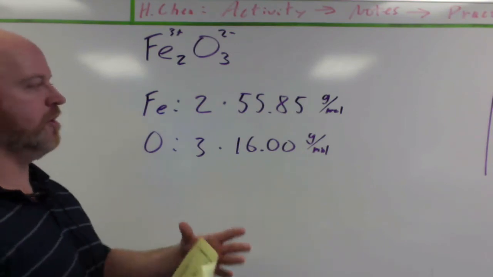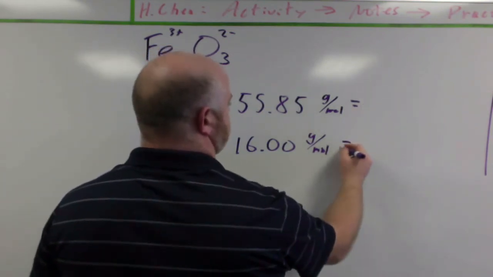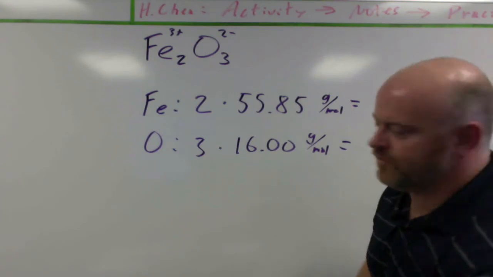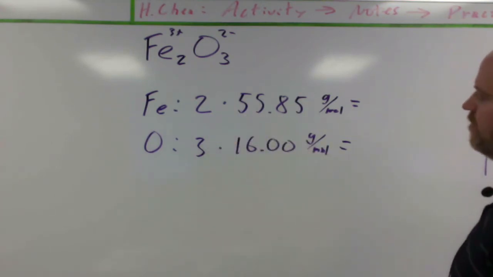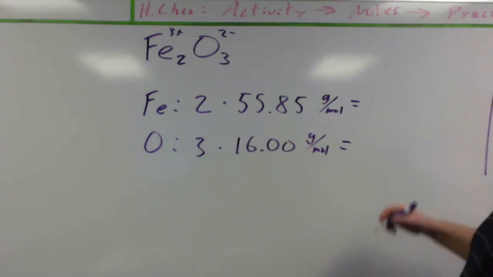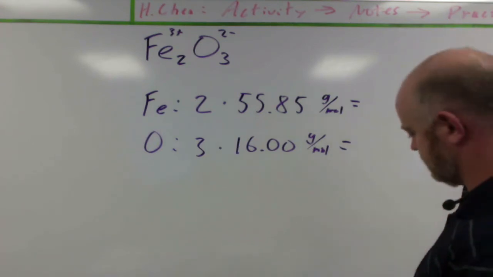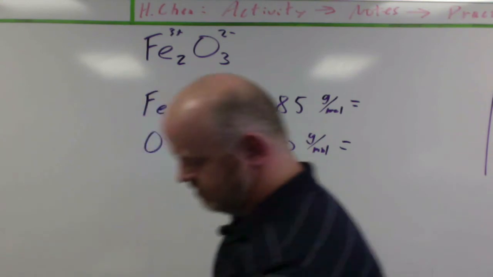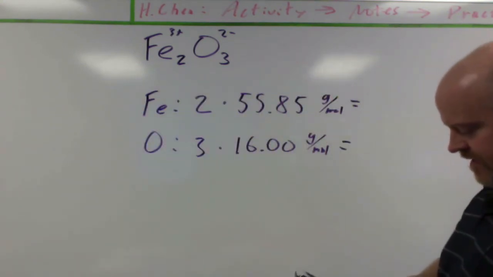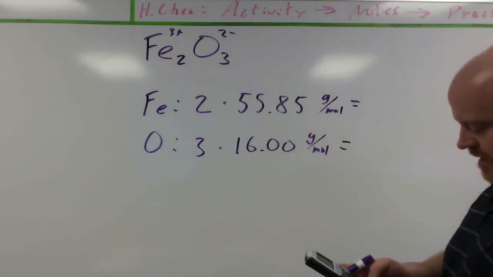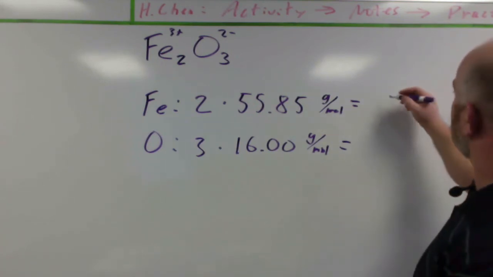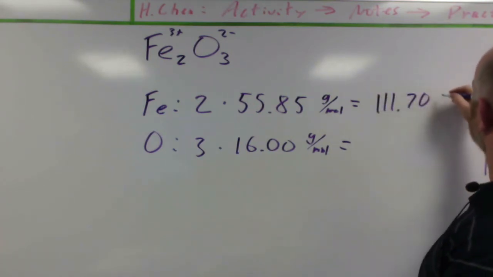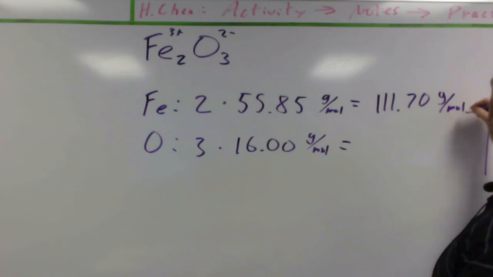And then I'm just going to total it all up. So if we take 2 times the 55.85, I get about 111. Let's get the exact number. 55.85 times 2, I get 111.70 grams per mole.